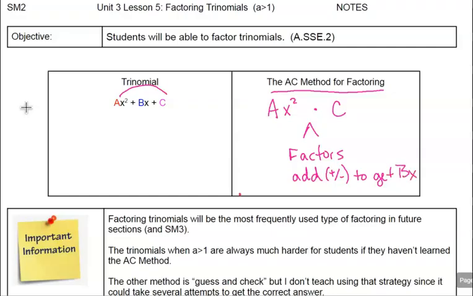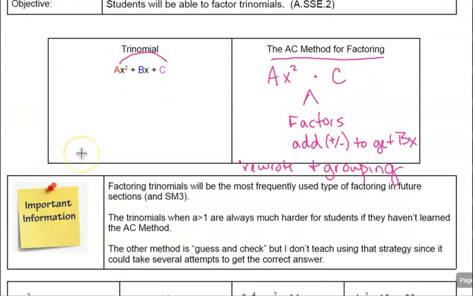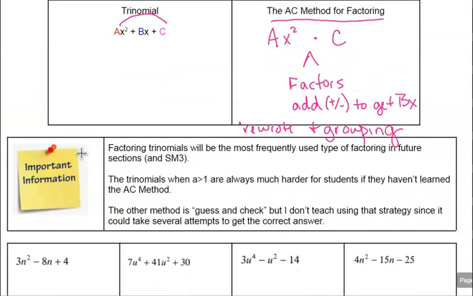We always rewrote the middle term and then we used grouping. So if you use this process for section 3.4, then you could probably watch one example just to get a refresher since it was last week, and then you might not need to watch the rest of the examples.